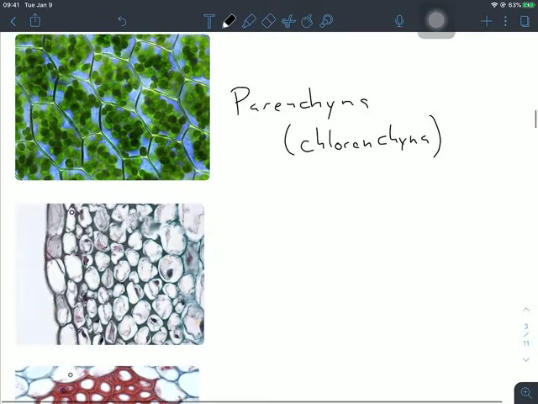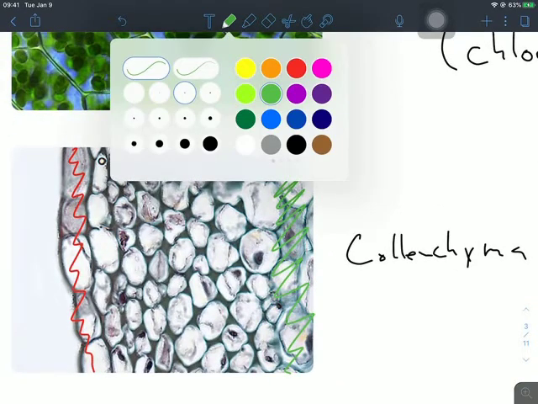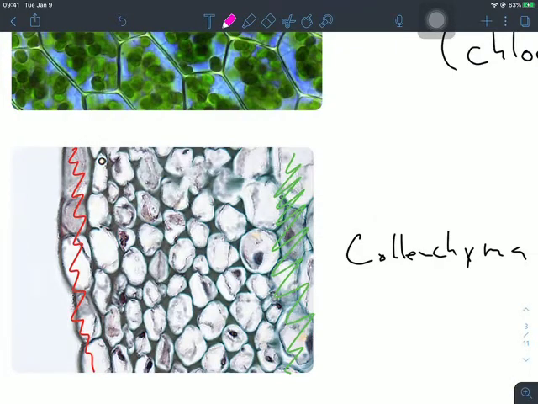Next up, we've got our parenchyma, the tissue layer directly beneath the epidermis that is supportive. So here in this image, you've got the epidermis, and then beneath that, you've got some of your photosynthetic parenchymal cells here, and then you notice that there are cells in the interim that have these thicker cell walls, more support.